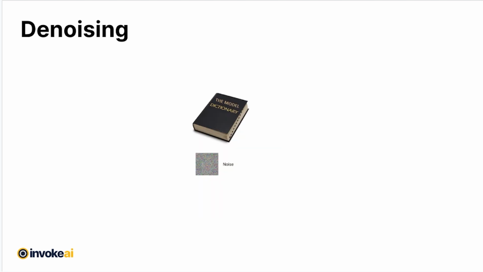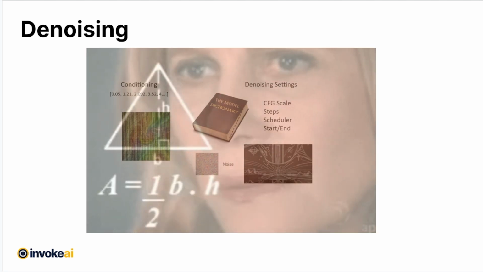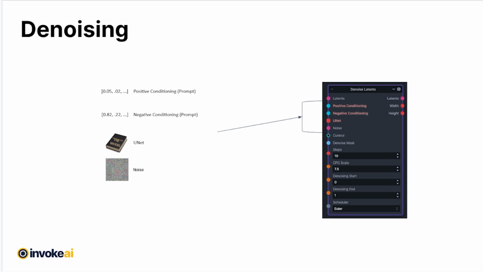The denoising process is also pretty simple. We have the model, the noise, our conditioning object inputs, the denoising settings, config scale, step scheduler, latents, control images. Okay, maybe it's not that simple. But if we take a look at the denoise latents node, which is where most of the denoising process happens, a lot of these things are optional or only used in certain workflows.